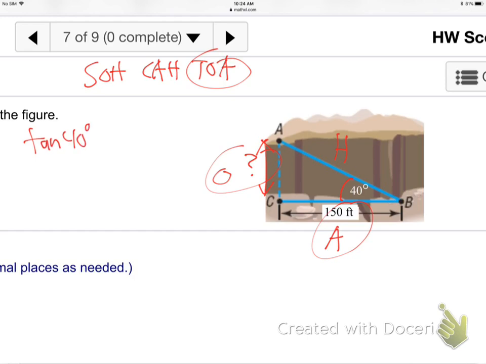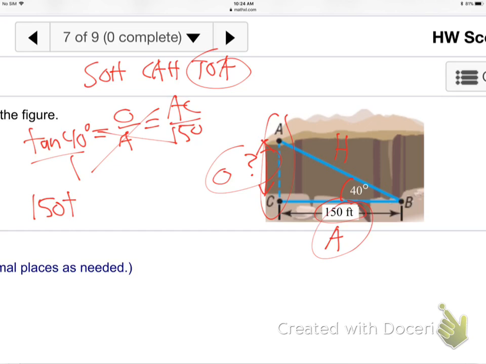So the tangent of 40 degrees is opposite over adjacent: the opposite, the side we're looking for, I'll call it AC, the AC distance right here, over the adjacent, which is 150. So put this over 1, diagonal, diagonal. So 150 tangent 40 is 1 times AC.